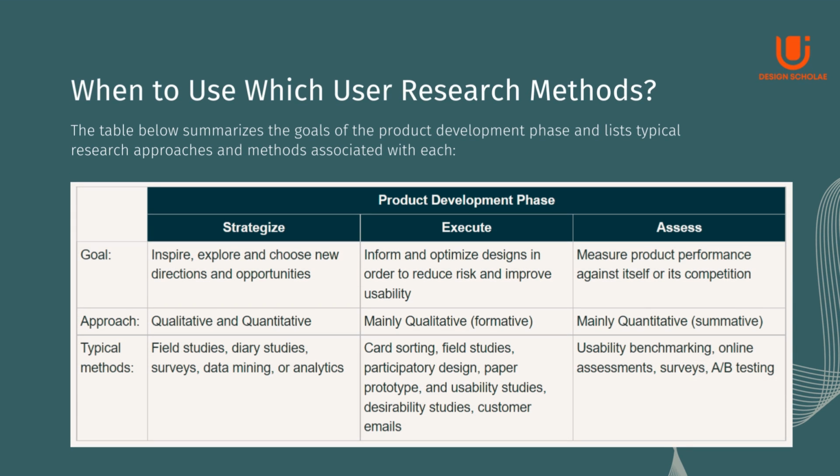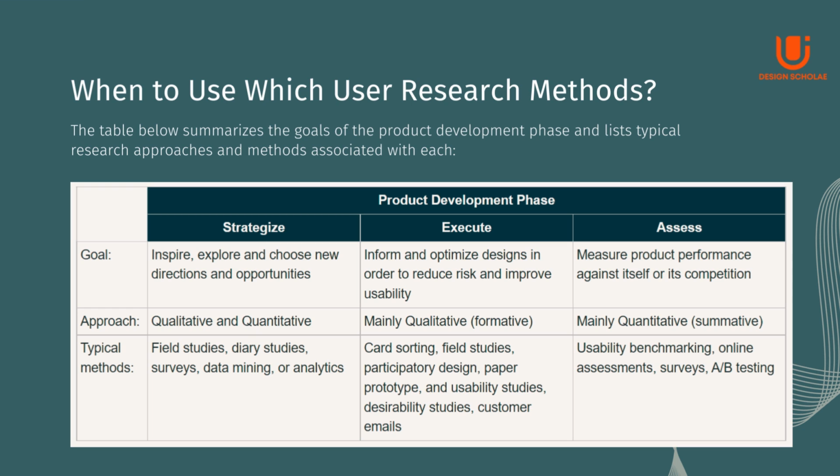Another important distinction to consider when making a choice among research methodologies is the phase of product development and its associated objectives. The table below summarizes these goals. In the first stage, strategize, the goal is to inspire, explore, and choose new directions and opportunities.